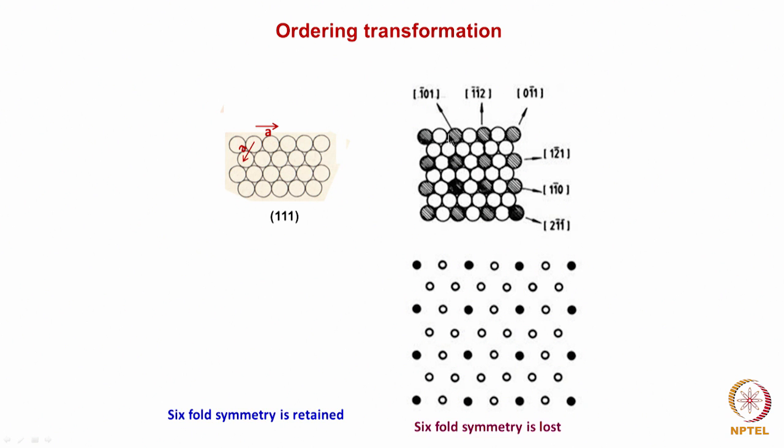Another thing which happens in this specific case, which happens in an ordered lattice also, is that instead of every alternate atom getting changed in one direction, alternate atoms are of different type here, in this particular close pack direction. It can happen in this close pack direction, or it can happen in this close pack direction also.